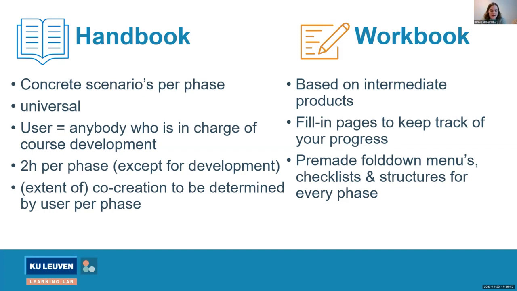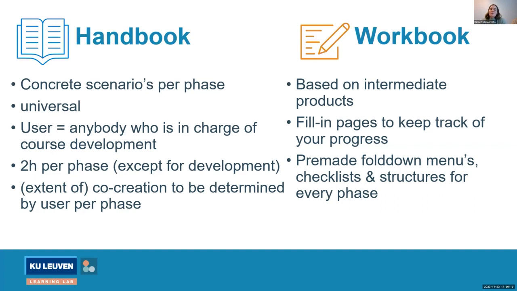But in addition to the framework itself, the 5 steps, we also have 2 extra products that go along with it. The first one is a sort of handbook, which contains very concrete scenarios for every phase, every step of the framework, which should give the user a very concrete idea of how to tackle that step.